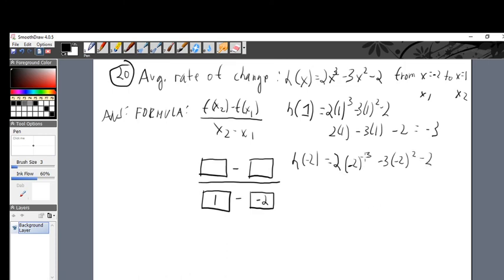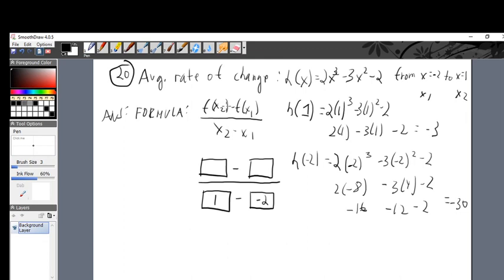How much is that? Don't forget exponents first, right? PEMDAS. -2 cubed is -8, so it's 2 times -8. Minus -2 squared is 4, so it's -3 times 4 minus 2. This is -16. This is -12. That's -2. And you total them all up, and you get -30.